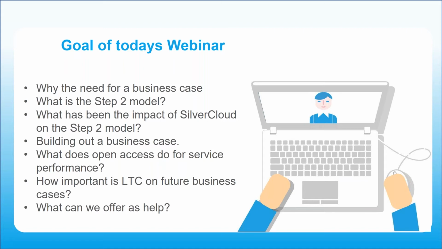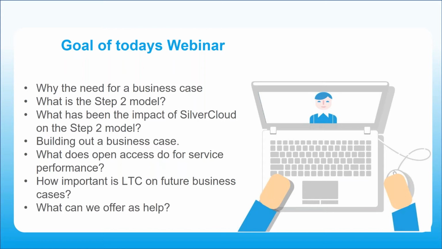Then I'm going to look at a very simplistic way of doing a business case, just to give you an idea of how we would approach it, and then look at what that does for the service and how access improves. And then we'll look at what I call the intangibles, the things we're discovering as we go along that add to the business case.